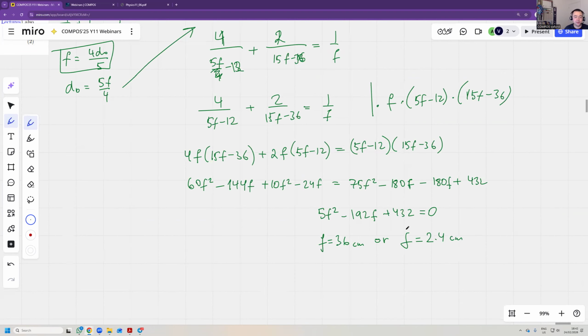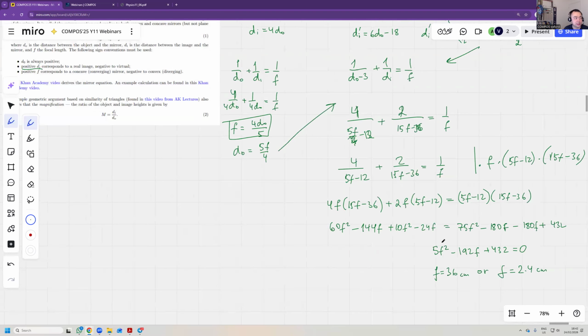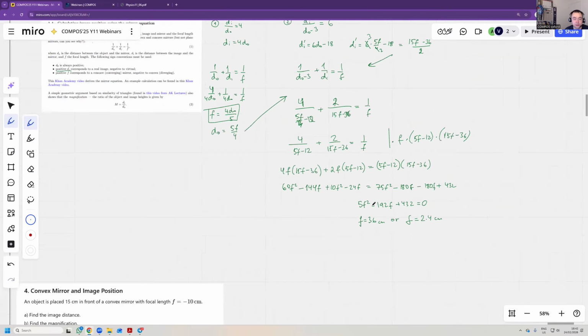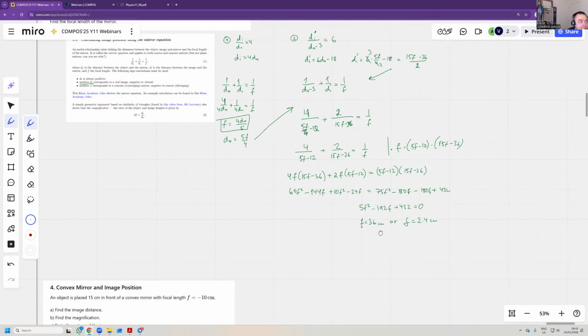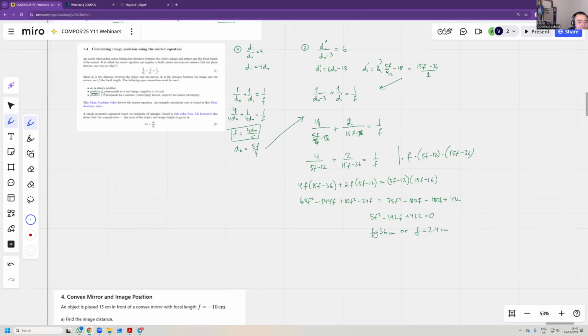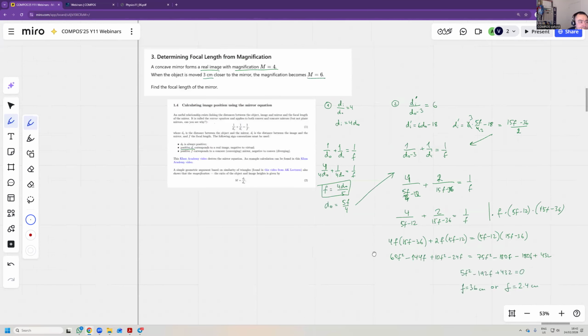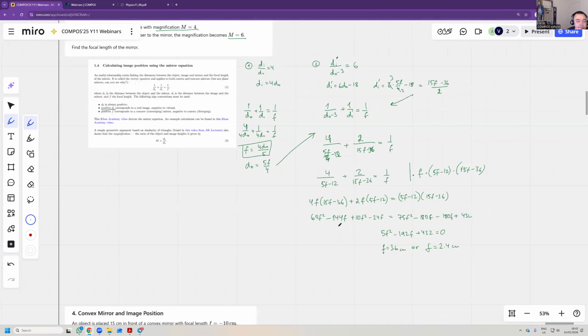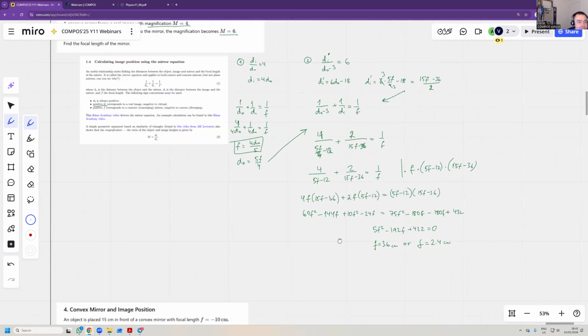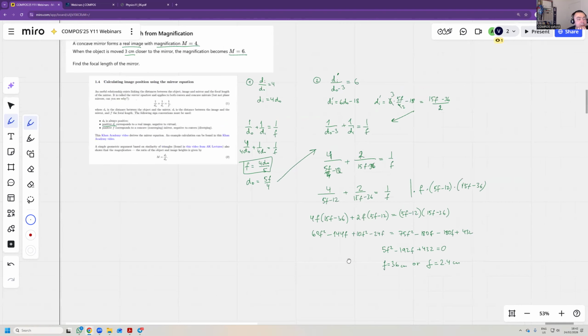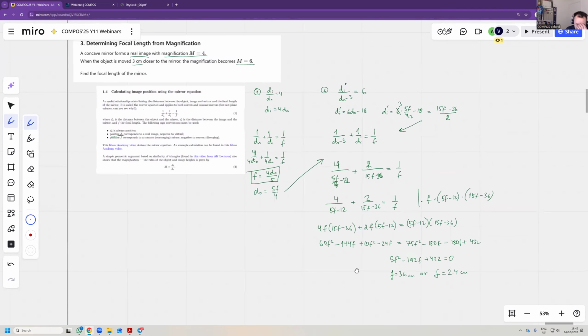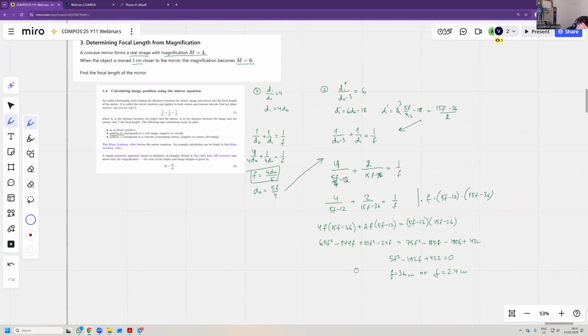Though f cannot be 2.4 because it says that, oh no, it could be 2.4. Could it be 36 though? It becomes closer, so it's a real image. That means it is further than the focal point. So the focal point can be 2.4.